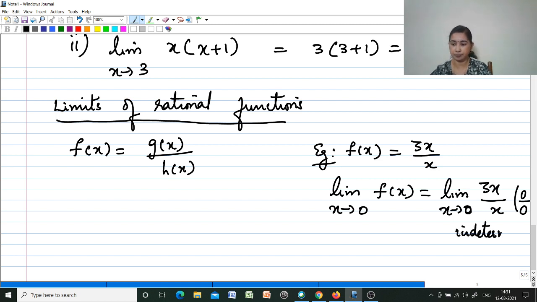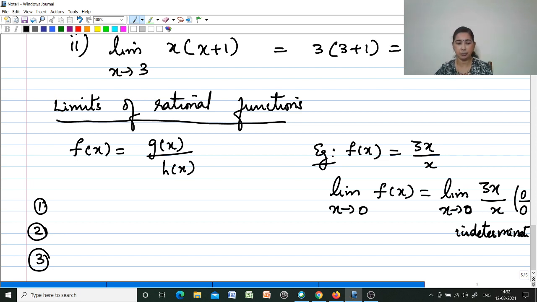In such a case, what do we have to do? We can't directly apply the limit. So if it is a rational function, check whether it is in the 0 by 0 form.